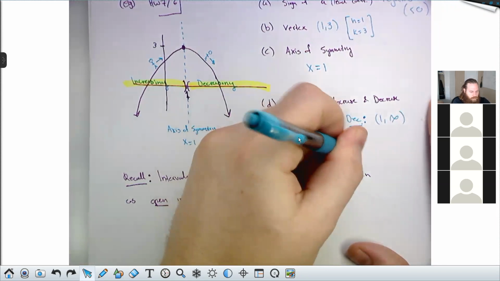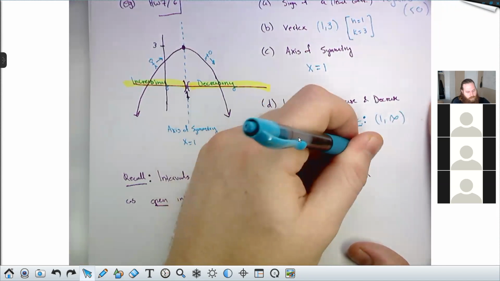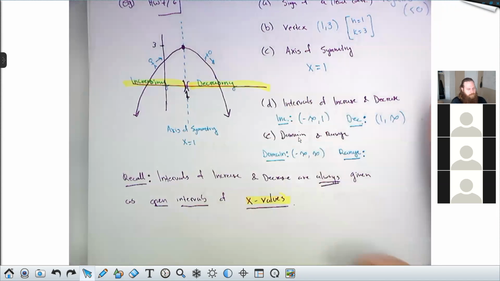The range, though, that's a little more complicated. Can somebody help me with the range of this function?